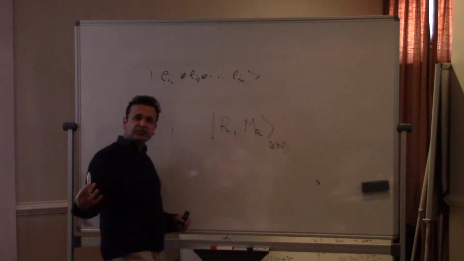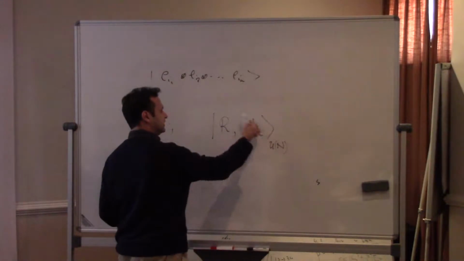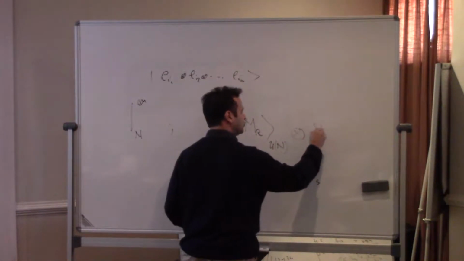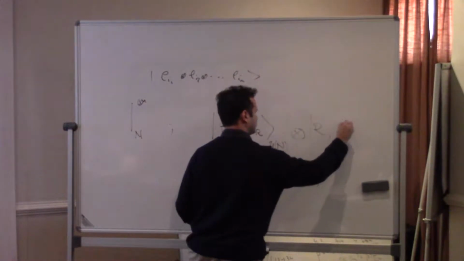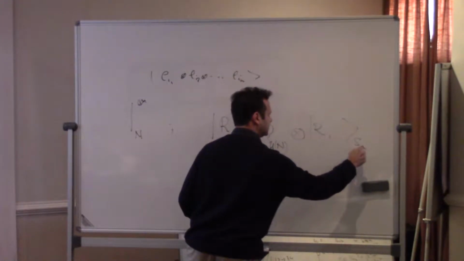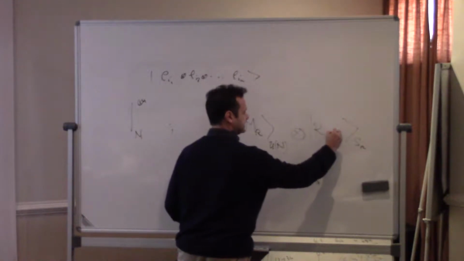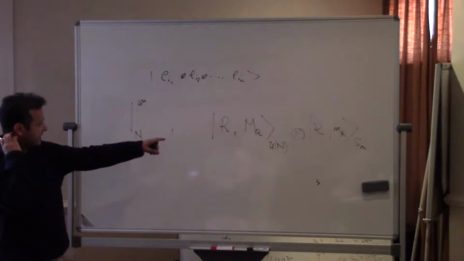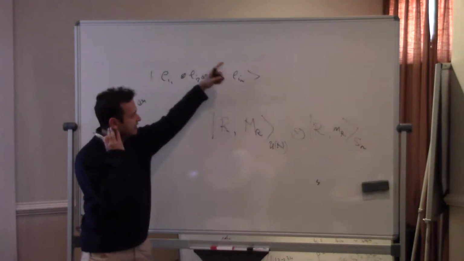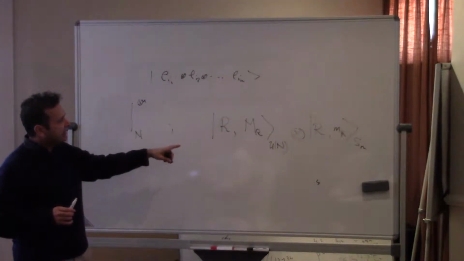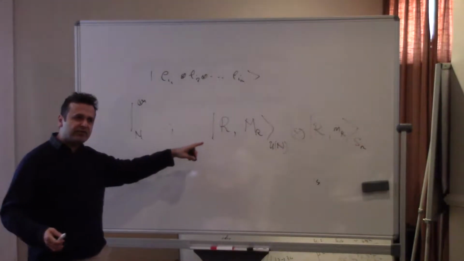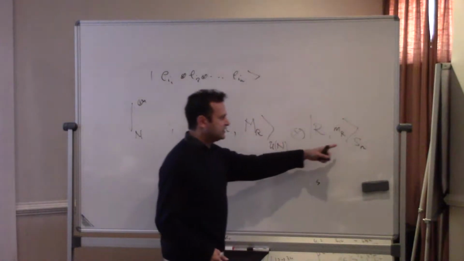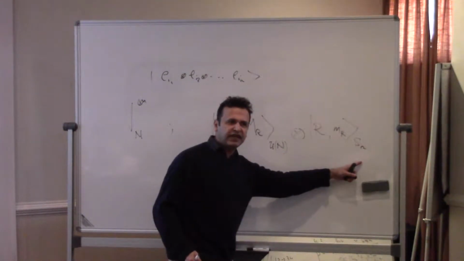Of course, if you have a representation of U(N), you have a state in that representation. But for the same Young diagram, you also have a representation of S_n, and there is a state in that representation. So this vector space has another basis which is labeled by Young diagrams, but more specifically by two representations, one of U(N) and one of S_n.